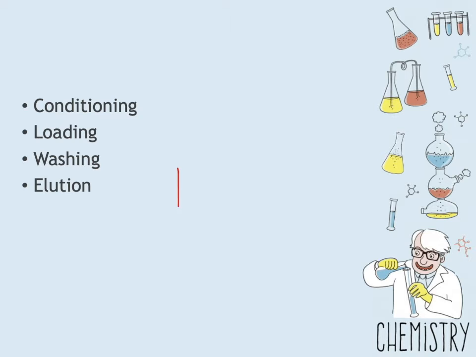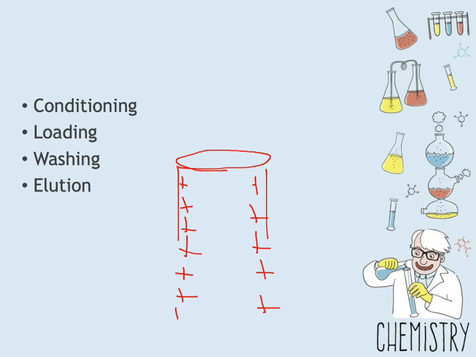So for example, if this is the column, the positively charged stationary phase here will attract all of the negatively charged samples. If we have a mixture of positive, positive, negative, negative, positive, negative samples, all of the negative samples will be attached to the stationary phase.